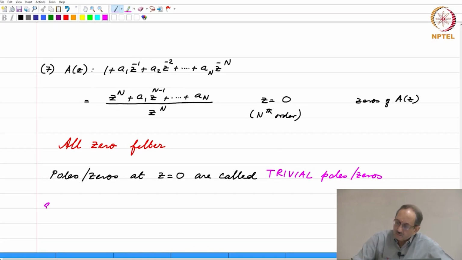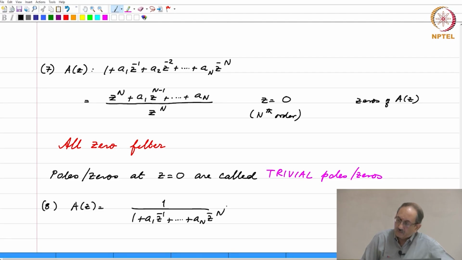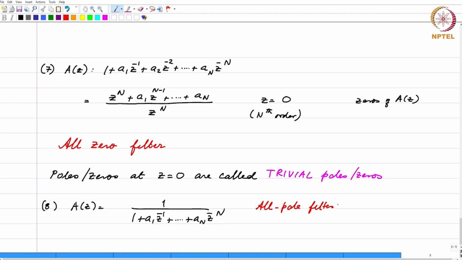And the counterpart to that, of course, is when you have A of Z to be 1 by this same polynomial, and this is called an all pole filter. This after all is the inverse of that.